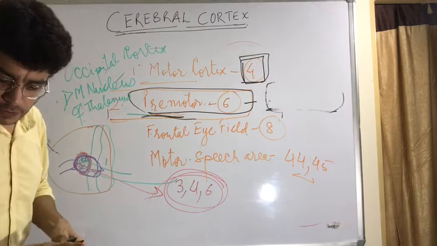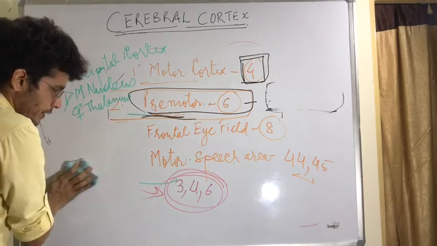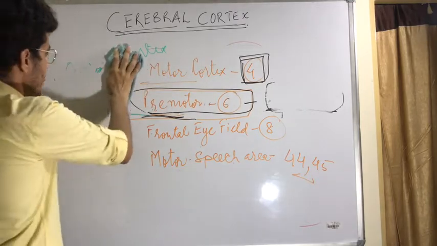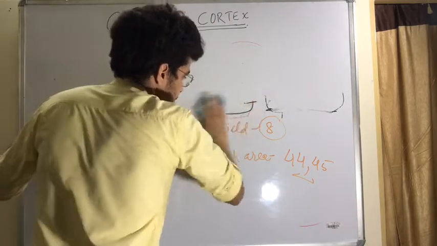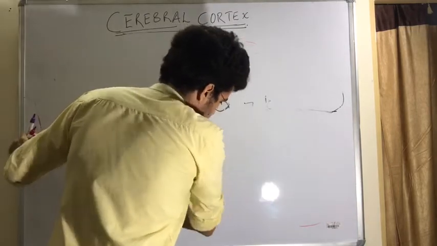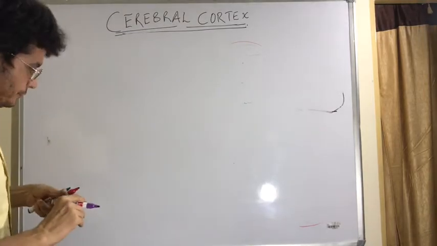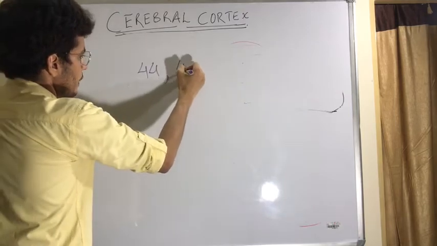Okay. Now coming to the fourth one. This is the motor speech area, areas number 44 and 45.